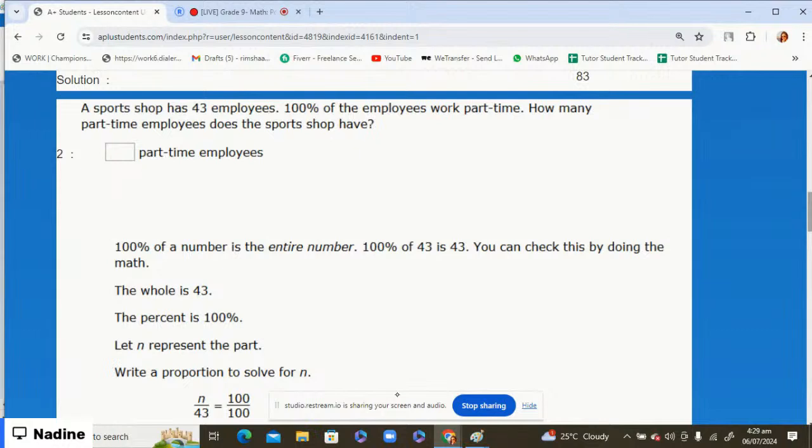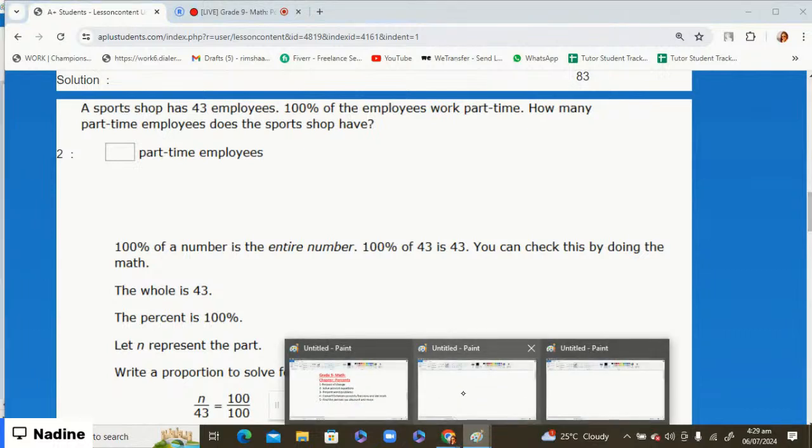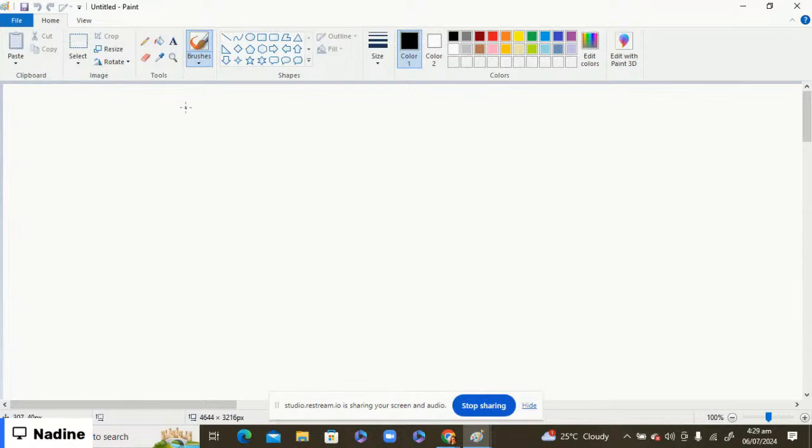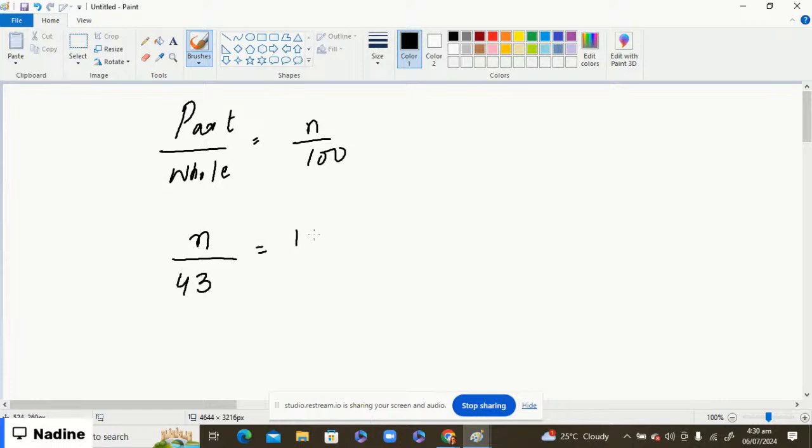So there are 43 in total. We're going to find the part here. 100% of the entire number, so 100% of 43. Part over whole equals n over 100. The part is what we need to find, the whole is 43, and the percent is 100.